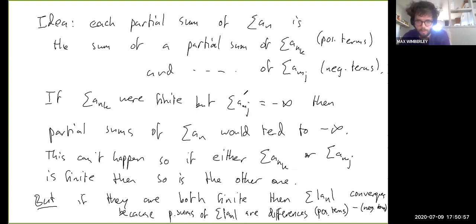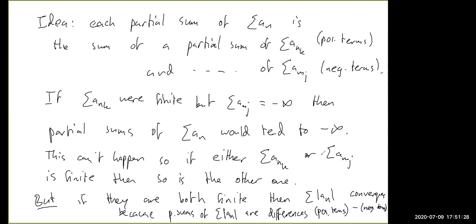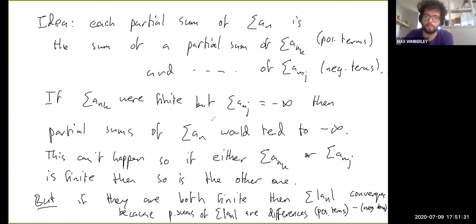If we assume that the partial sums of the positive terms go to a finite number and the partial sums of the negative terms go to a finite number, then clearly the differences will also approach a finite number, whatever the difference is between the overall sum of positive terms and the overall sum of negative terms. So if both of these sums were finite, the series would converge absolutely. But if we're assuming that the series doesn't converge absolutely, that can't happen.